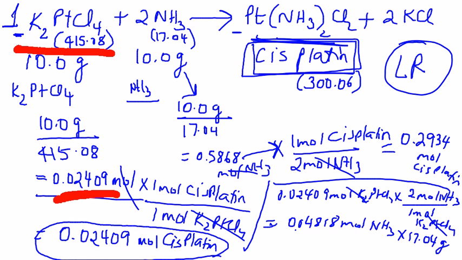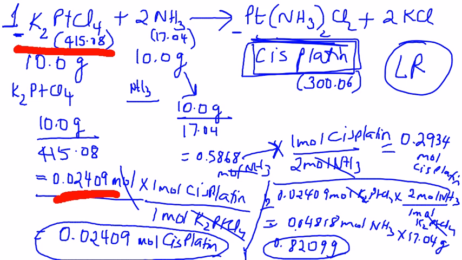So you simply say 0.04818 times 17.04, and that gives you 0.00829. That many grams of ammonia are consumed. So that's the answer to B, and we are simply following the relationship between the two reactants in this case.